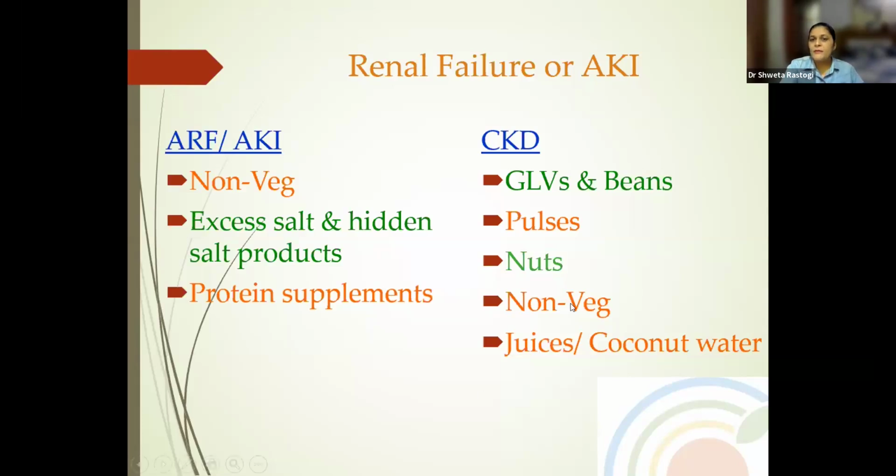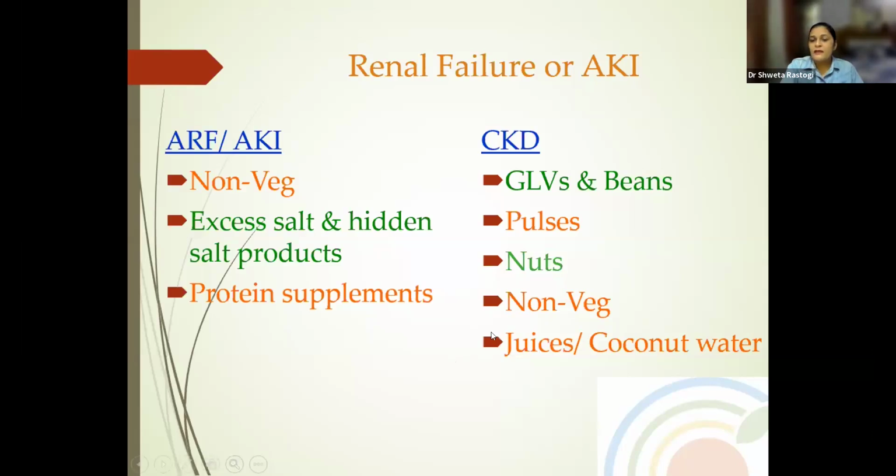Why animal foods are being cut is, fish, chicken, mutton also are rich in purines. So when any purine-rich food is given, your uric acid increases. And one of the byproducts in kidney metabolism is uric acid, besides the other nitrogenous wastes.